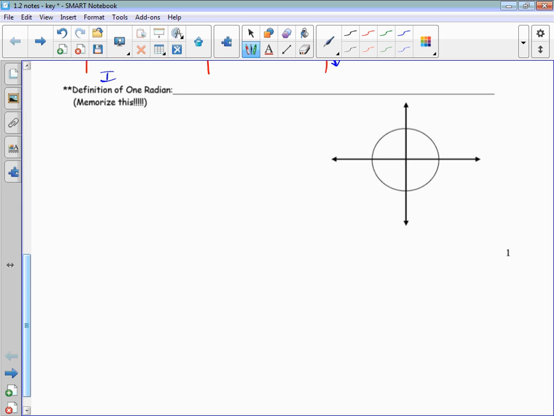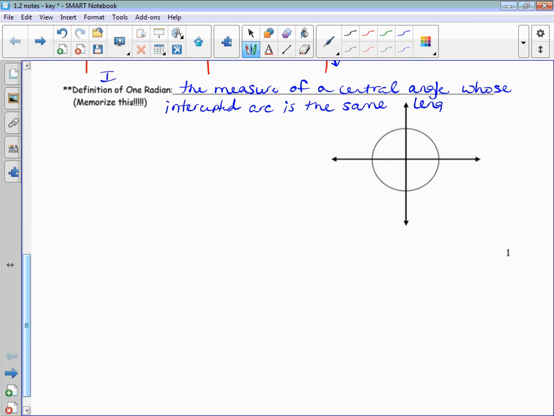So 1 radian, it is the measure of a central angle whose intercepted arc is the same length as the radius. It's a lot of geometry terms there.